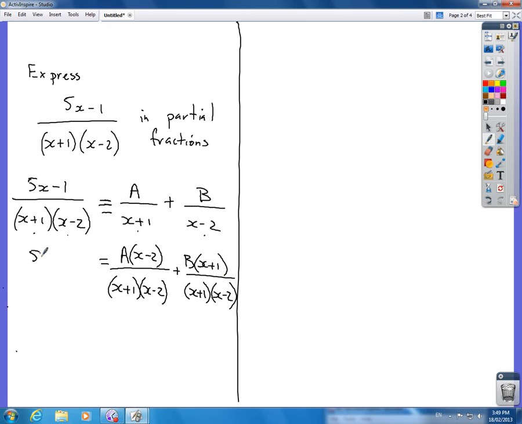And that equals (5x - 1) over (x + 1)(x - 2).